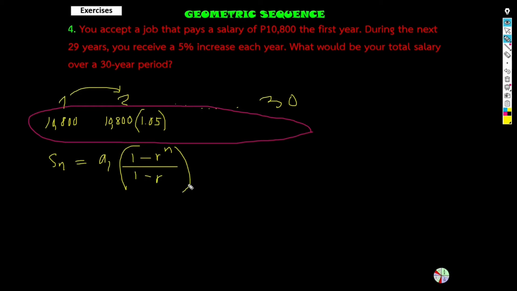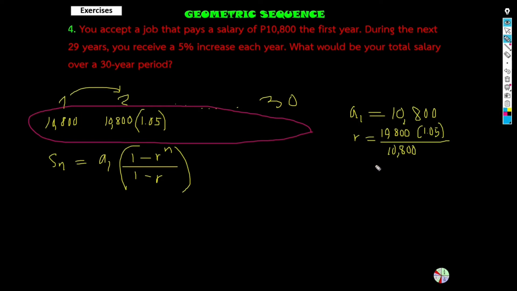Okay, let's get the details. A sub 1, of course, is equal to 10,800. You get a salary of 10,800 in the first year. Then your ratio will be A sub 2 divided by A sub 1, which is 10,800 multiplied by 1.05 divided by 10,800.